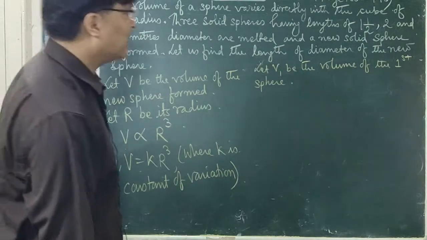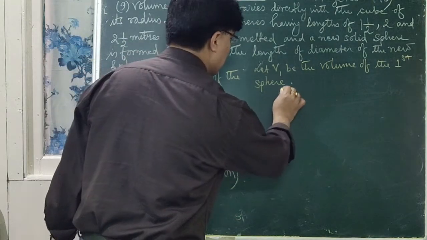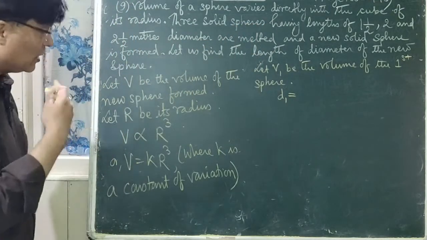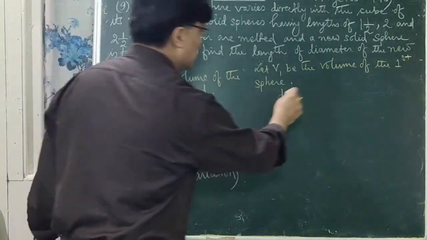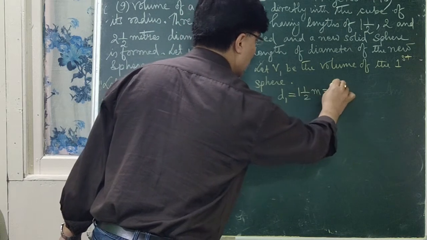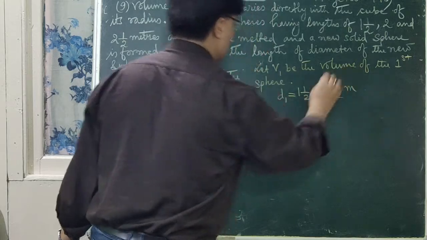So what is its diameter given? D1. It is given as 1.5 meter, which is equal to 3 by 2 meter.